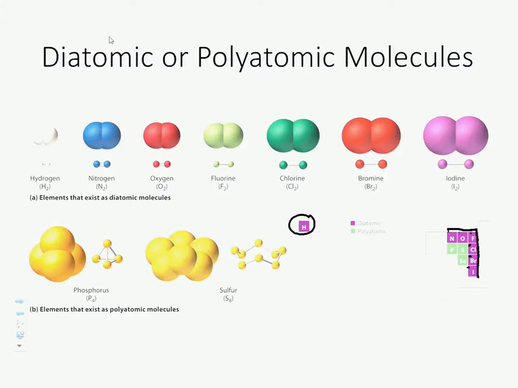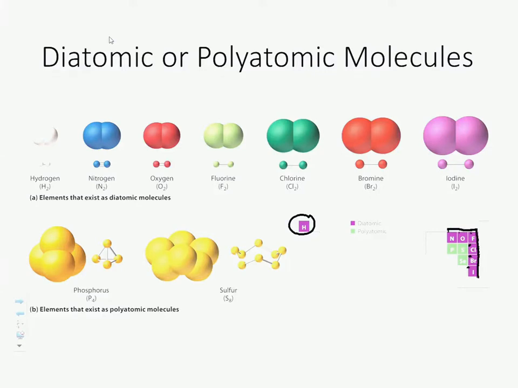So notice hydrogen, nitrogen, oxygen, fluorine, chlorine, bromine, iodine, all of them join by linking one atom to another atom, both of the same element. So di literally means 2, atom means atoms, so you've got 2 atoms of one single element. Whereas polyatomic means you have many atoms of one single element.